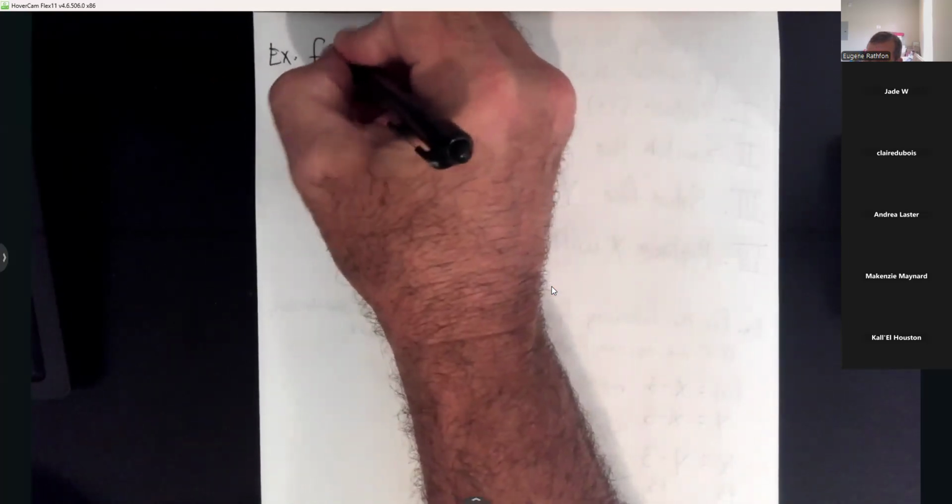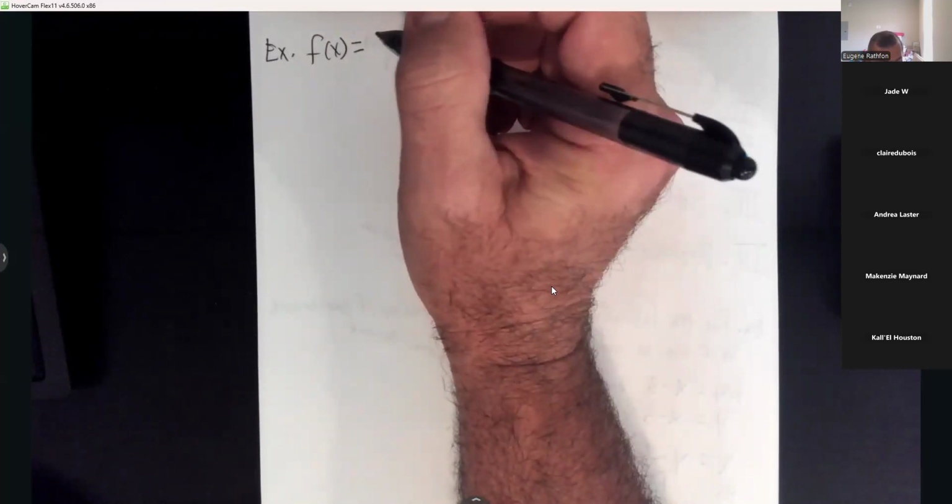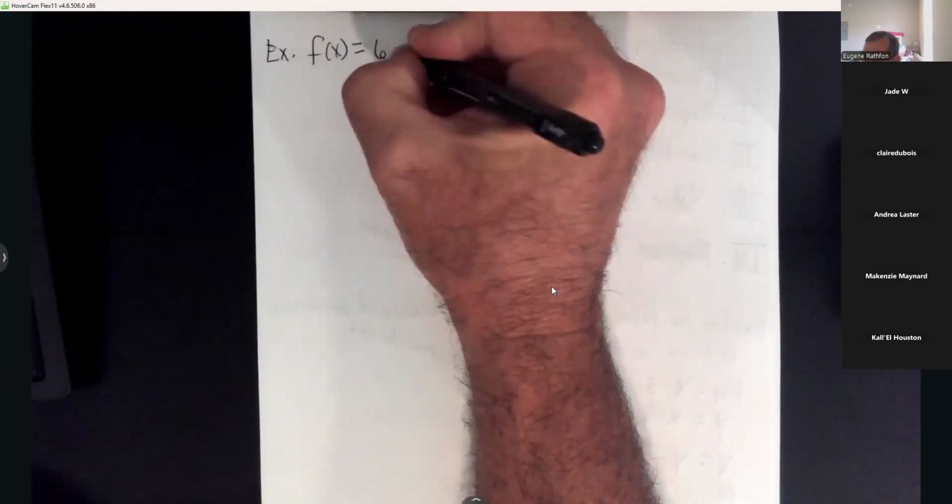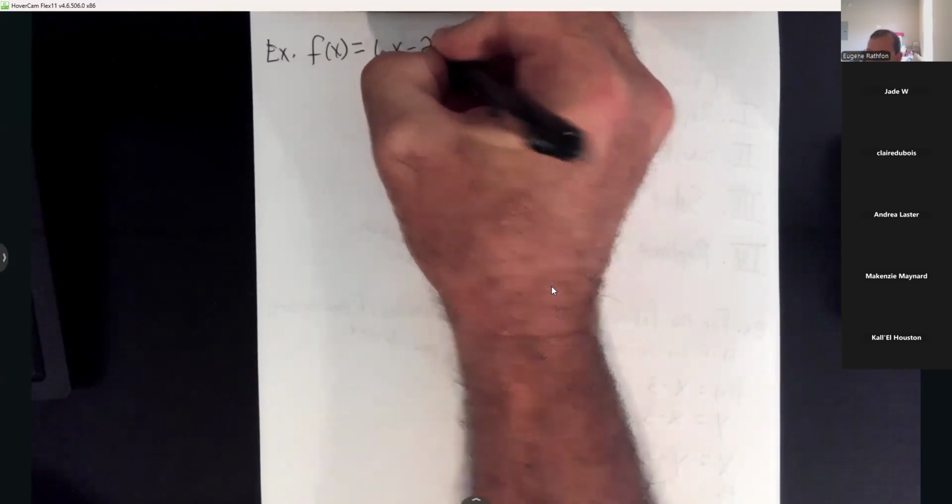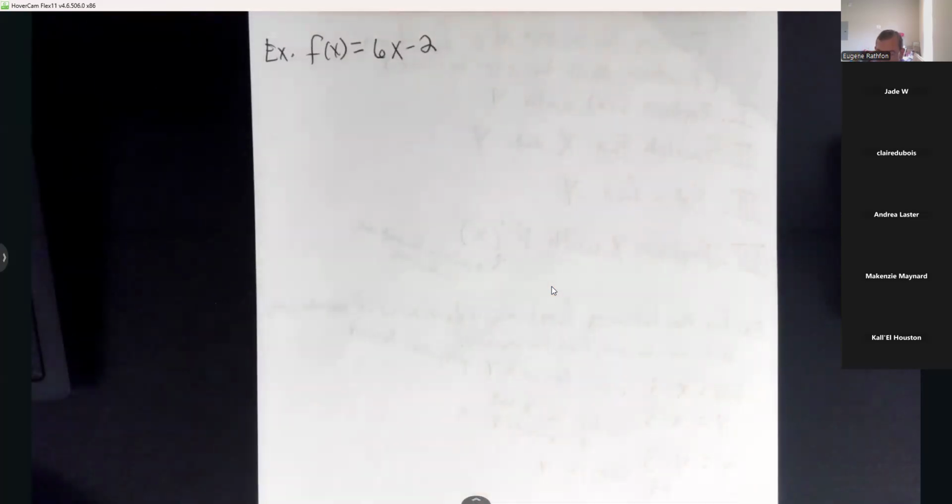All right, y'all, same thing. This time we're given f of x equals 6x minus 2. So let's go graph that and see if it's 1 to 1. So I'm going to go back to y equals.